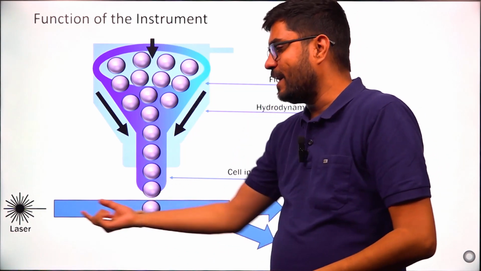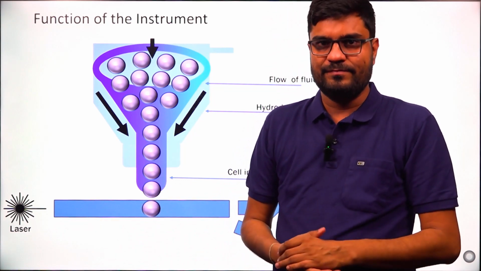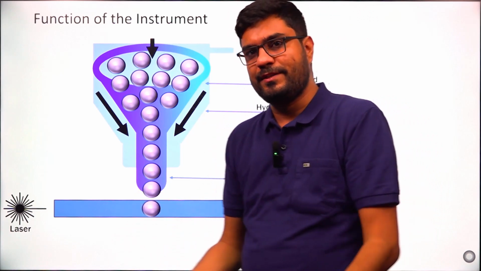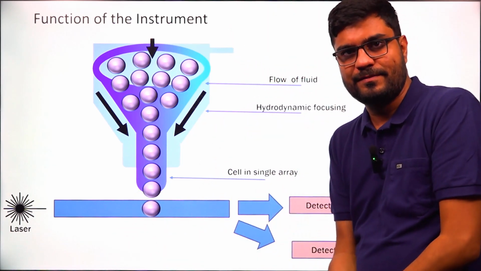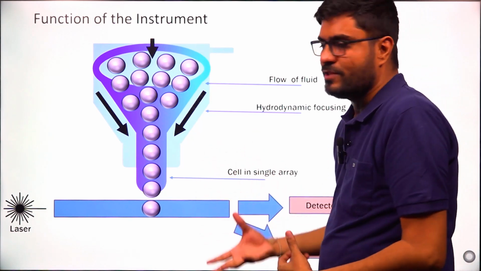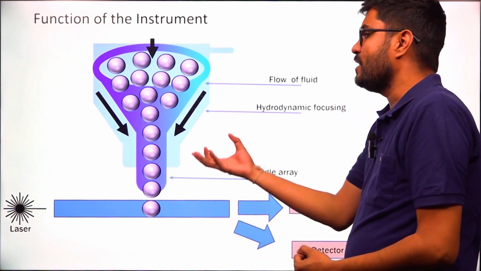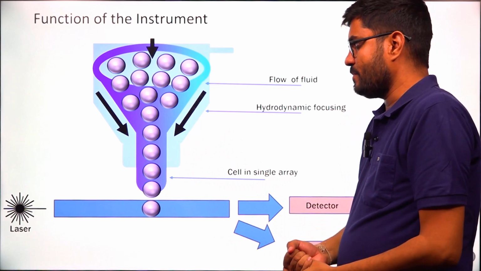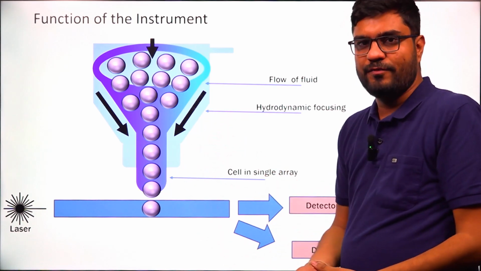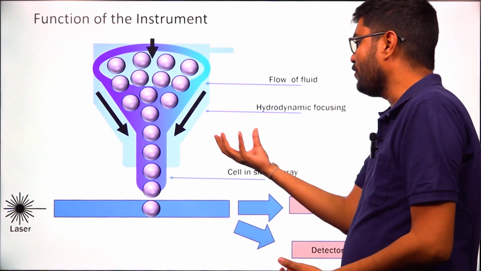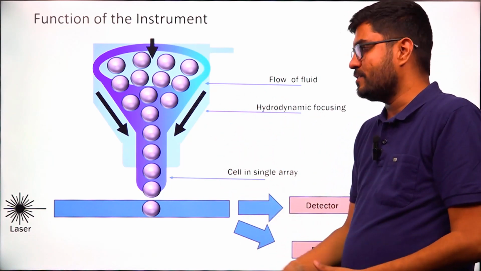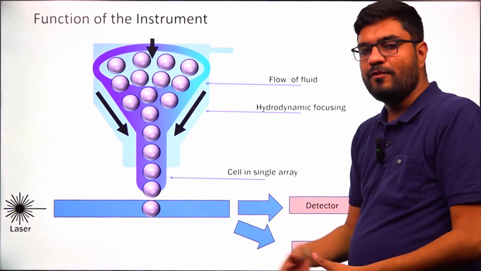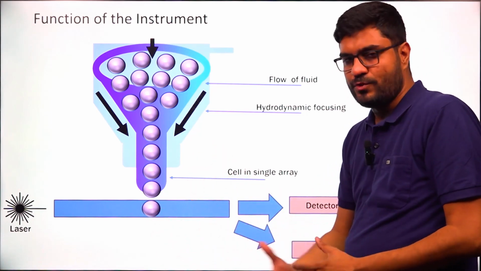Then one cell at a time is interacting with the laser and giving us some information which is detected by different types of detectors, right? Nowadays there are flow cytometers which come with acoustic sound waves, where along with hydrodynamic focusing, a sound wave is also being utilized to create this array of cells.